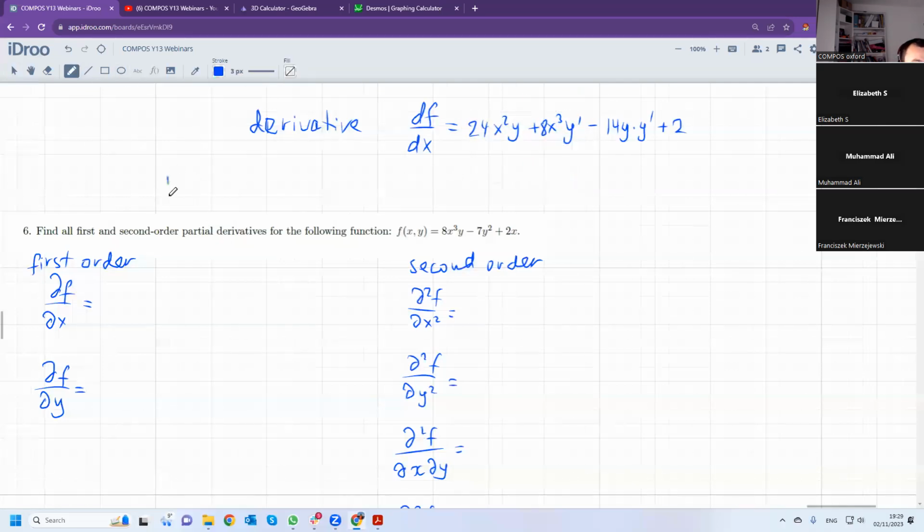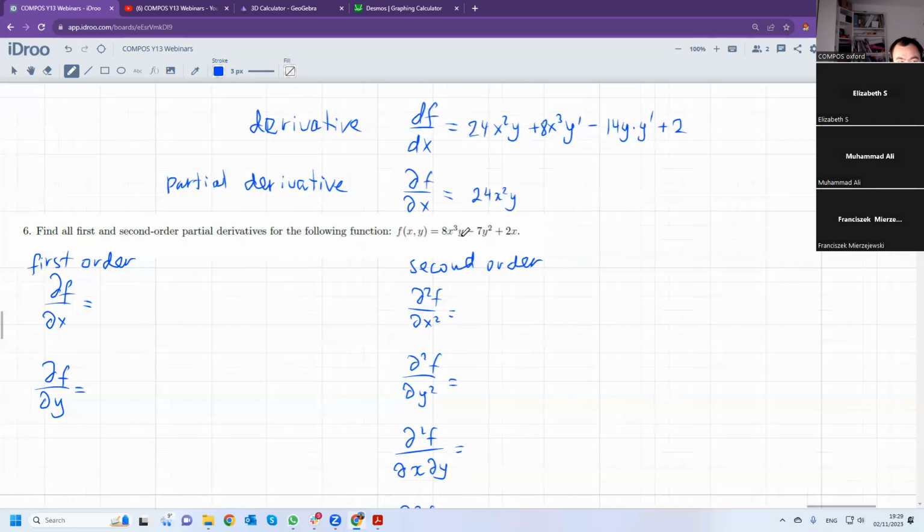So if you were looking for the derivative, it would be like this. But you're looking for the partial derivative. A partial derivative is delta f delta x. In here, you treat y as a constant. Sorry, apologies. It's going to be 24x squared y.